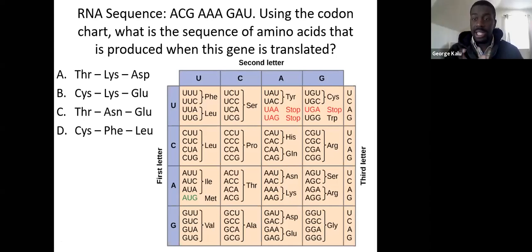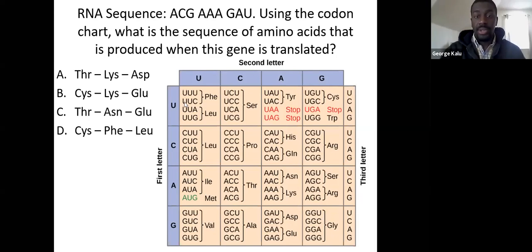When you're looking at the amino acids that we're going to be producing, there are 2 ways of determining what your amino acid sequence is going to be. Option A is you can look at the anticodons, and that's assuming you have the tRNAs with the amino acids. Or you can take a look at the genetic code chart. This is option B, and this is going to be the one that we're going to be using most often for our purposes.